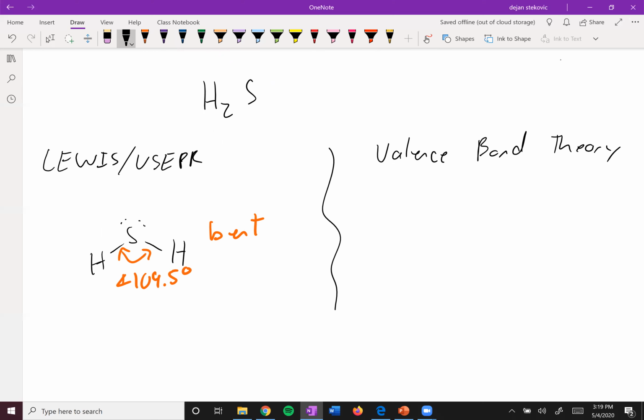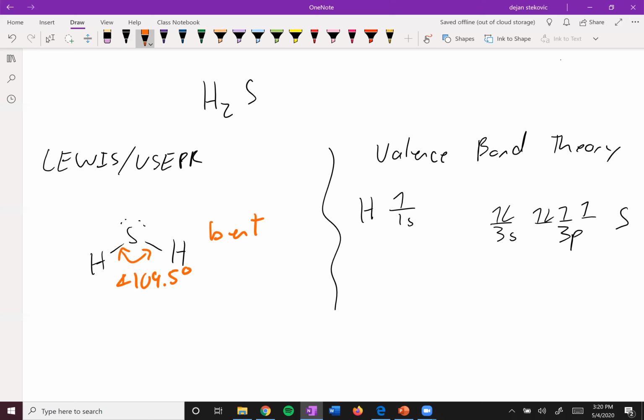If we take a look at the valence bond theory side of things, we have an H in its 1s orbital with 1 electron, and then over here we have sulfur. Sulfur has 6 valence electrons, so let's go ahead and draw that. 2 in the 3s, and then 4 in the 3p.